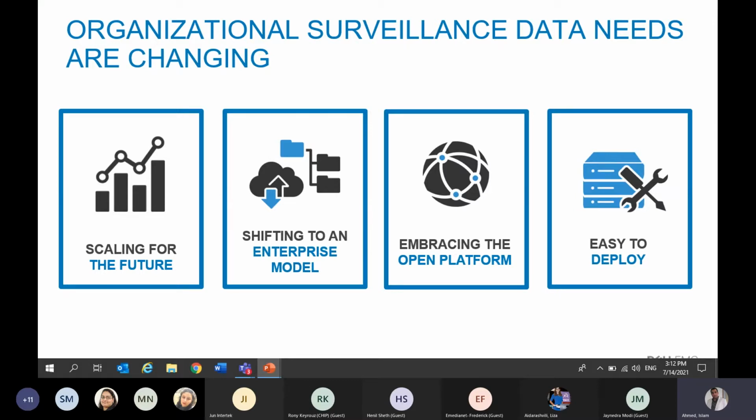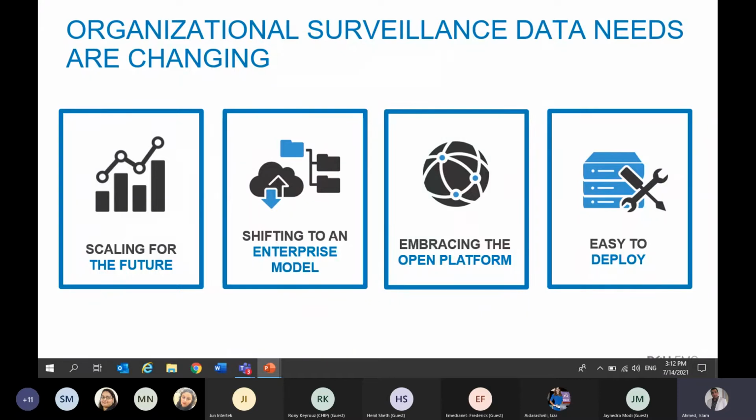So most organizations now are asking for an open architecture, scalable architecture, and enterprise-ready, in order to manage their current and future data source demands.